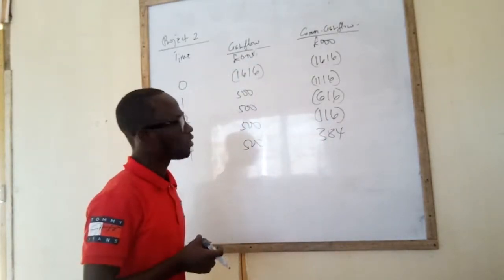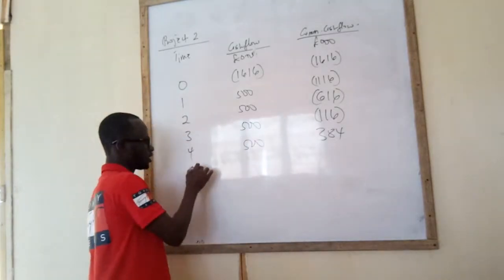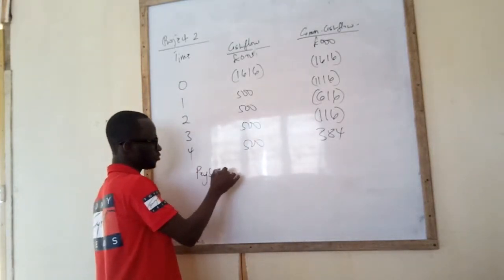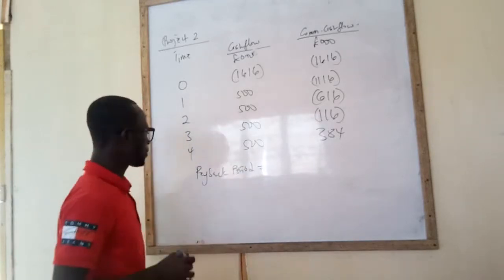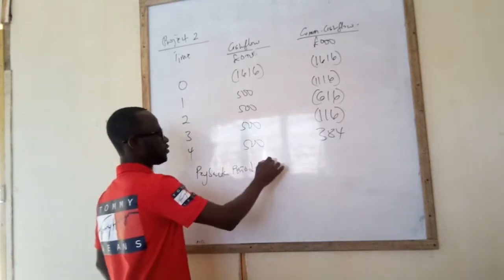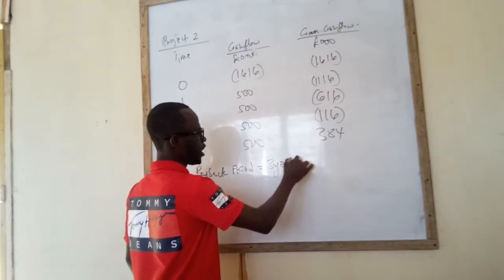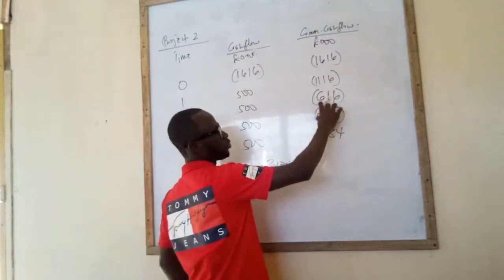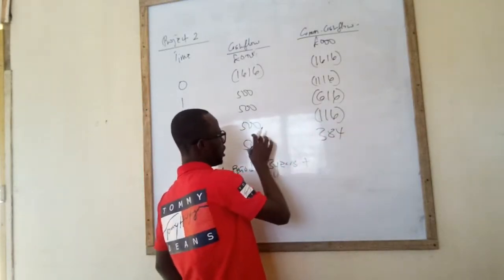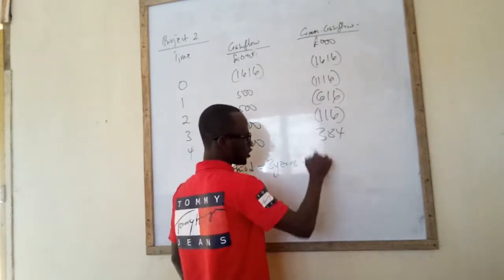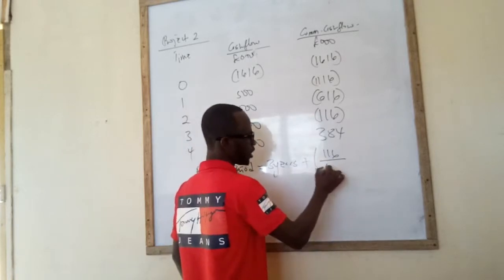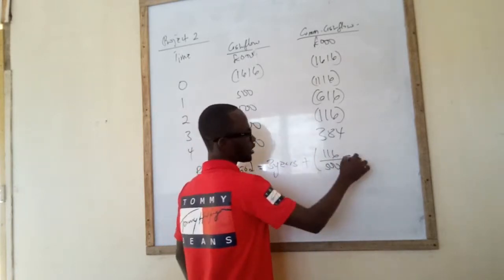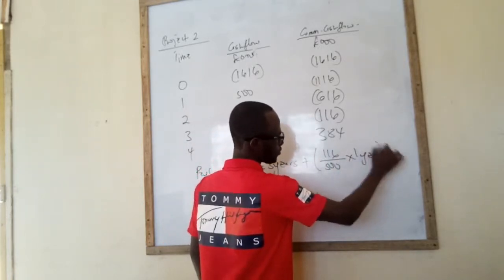So now we calculate the payback period to be 3 years, plus how much was left before the cash flow came in to make it positive, 116 over the cash flow that came in, 500, times 1 year.